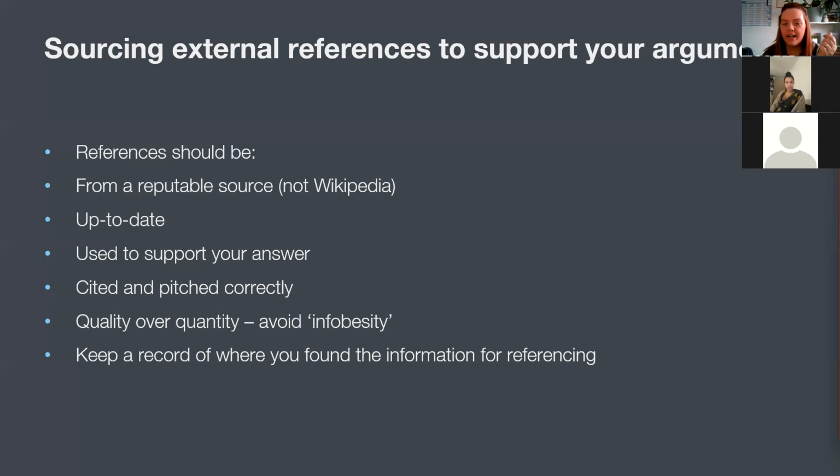So a good idea is maybe to use the sticky notes on your computer, or you might use the notepad function. Every time you visit a website, copy and paste the link into your sticky note or into your notepad and pop in the date that you accessed it.